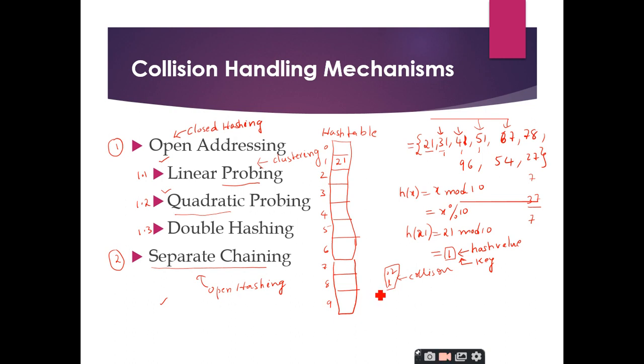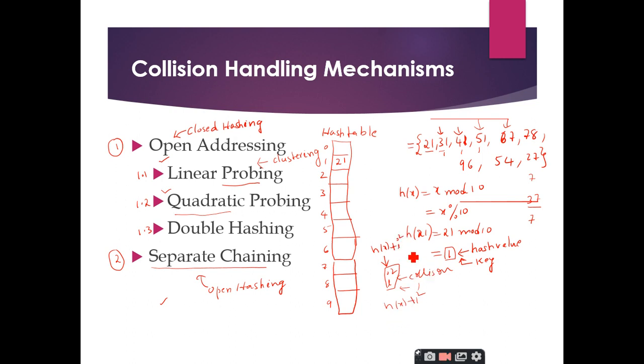Are you there? Yes, sir. So what does it mean? Since it is the first collision, I have to make it h of x plus 1 square, that is i square. The corresponding function for quadratic probing is h of x plus i square.